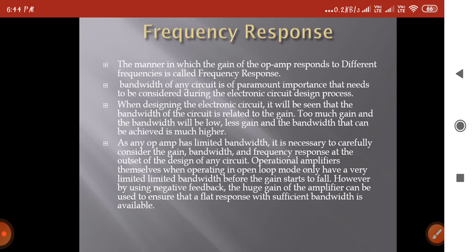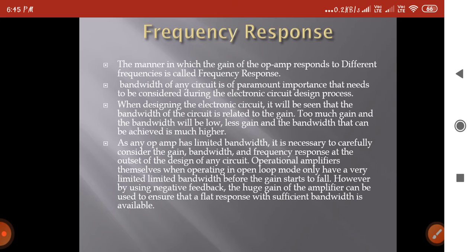Operational amplifiers operating in open loop mode only have a very limited bandwidth before the gain starts to fall.